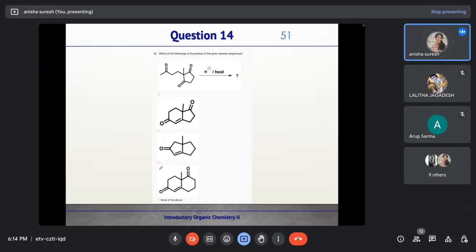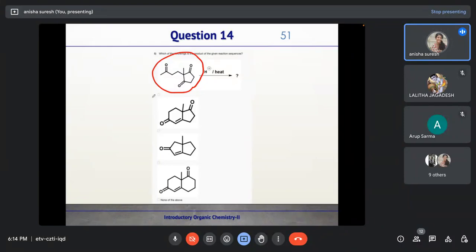Now coming to question number 14. Which of the following is the product of the given reaction sequence? So here this compound is given, it is treated with H plus and heat. So here aldol condensation reaction will be taking place. So what is the product that will be formed here?